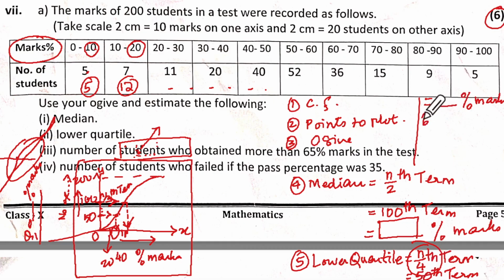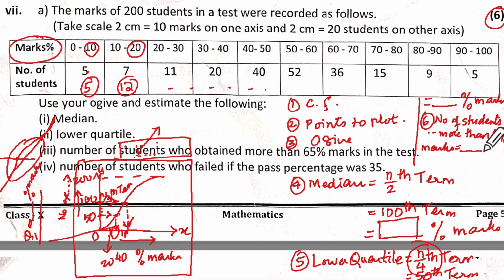Then we come to the next step. We finished with the lower quartile. Now number of students obtained more than 65% marks. So number of students more than 65% marks.